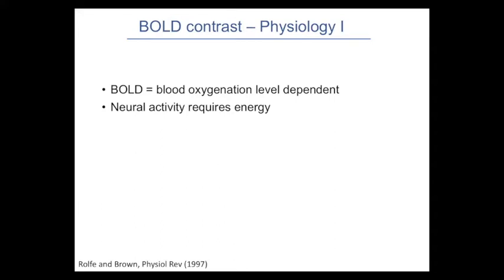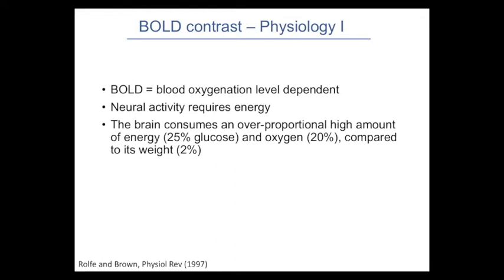The very short story is that neural activity requires energy, and the brain consumes a disproportionately high amount of energy: about 25% of the glucose and 20% of the oxygen of the whole body, compared to its weight, which is only 2% of total body weight. So it's a very power hungry machine.